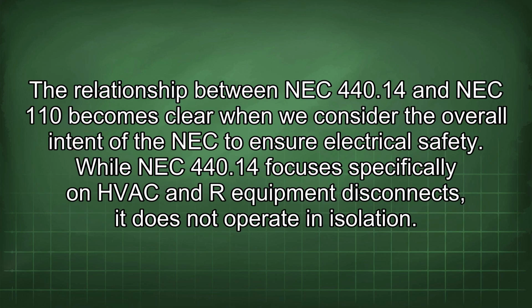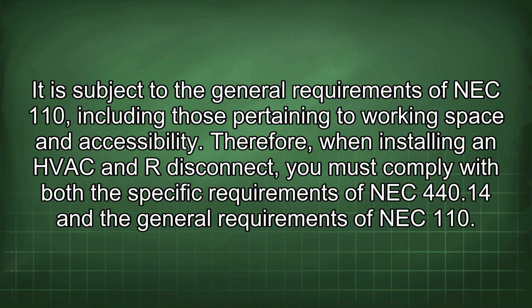The relationship between NEC 440.14 and NEC 110 becomes clear when we consider the overall intent of the NEC to ensure electrical safety. While NEC 440.14 focuses specifically on HVAC and R equipment disconnects, it does not operate in isolation. It is subject to the general requirements of NEC 110, including those pertaining to working space and accessibility.